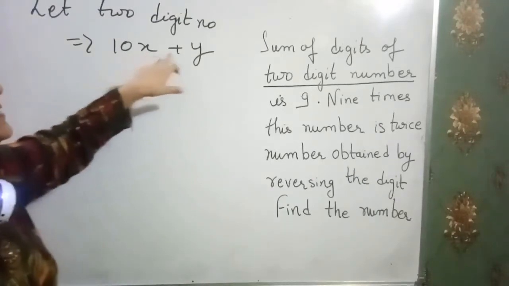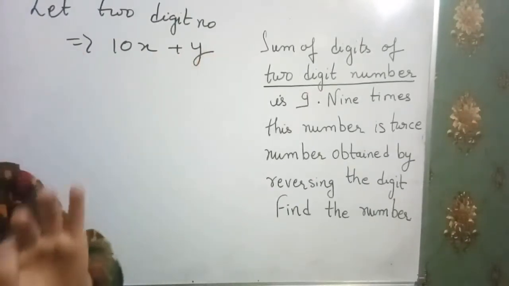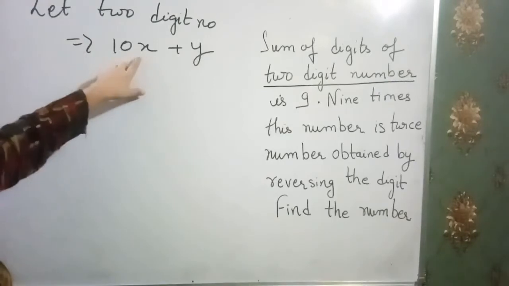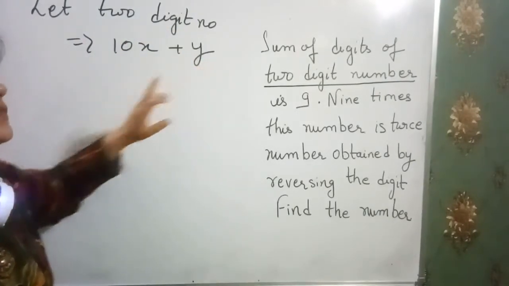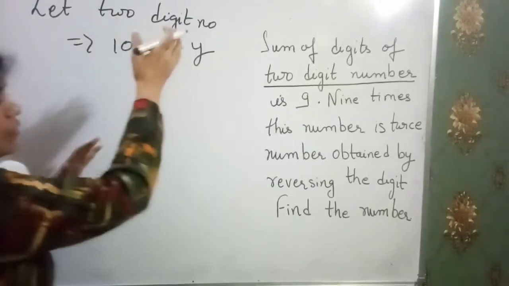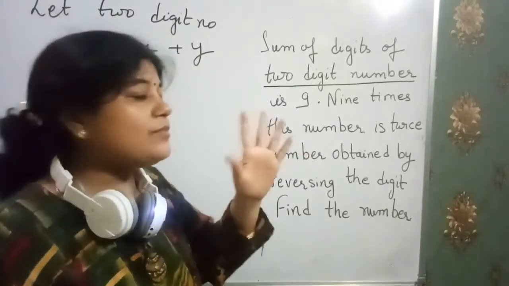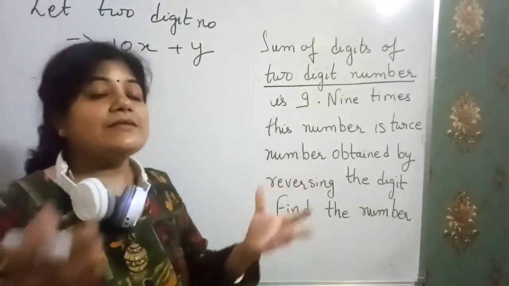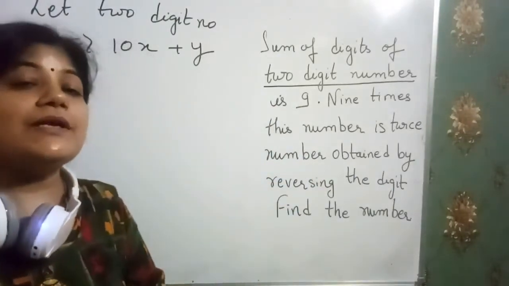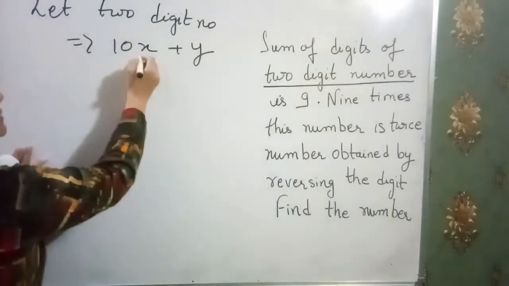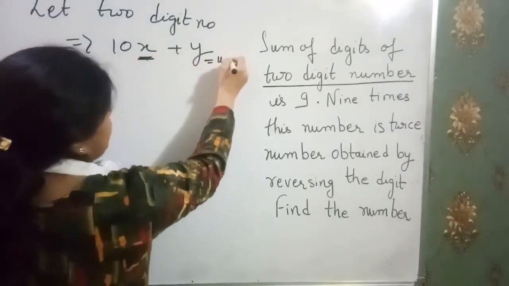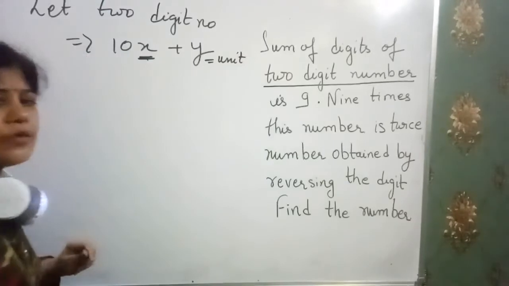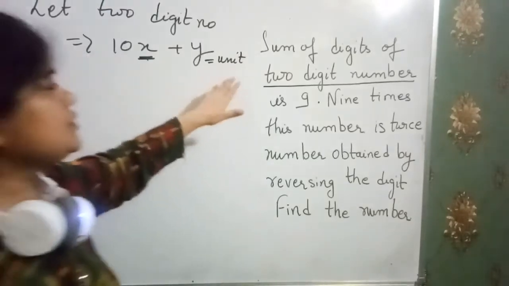You write x and y. That is, the number at the tens place is x and the unit place is y. Just remember, this is not that type of question, but in some questions the tens place and the unit place are also used. So x is in the tens place and y is in the unit place. Must remember this. Okay. Now just come to the question.